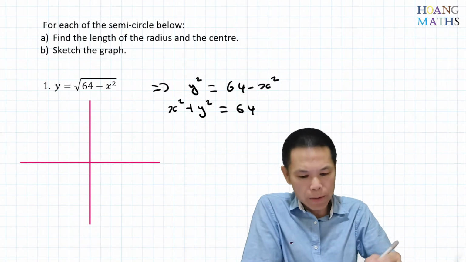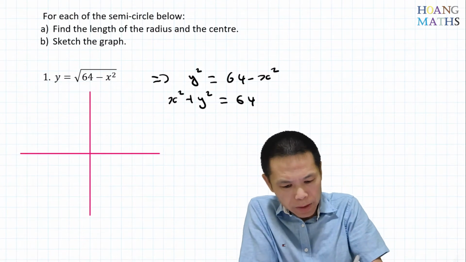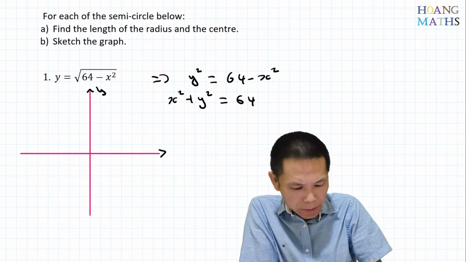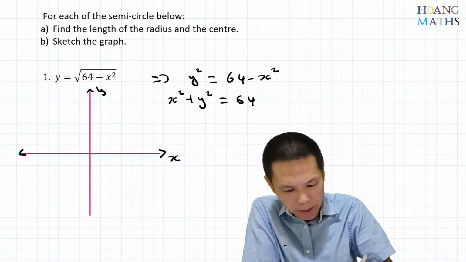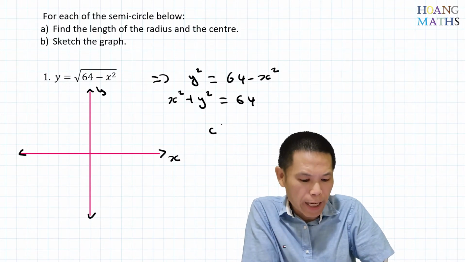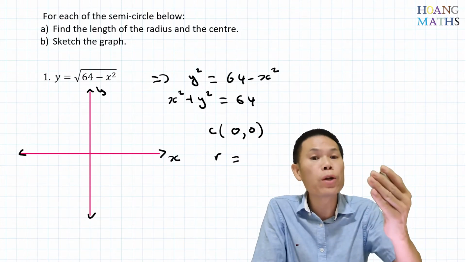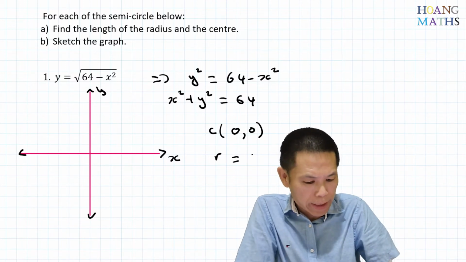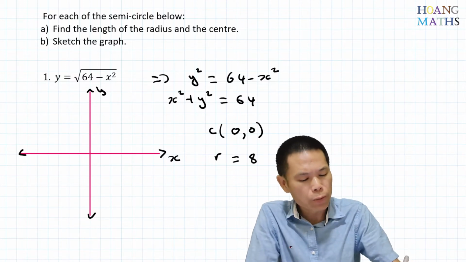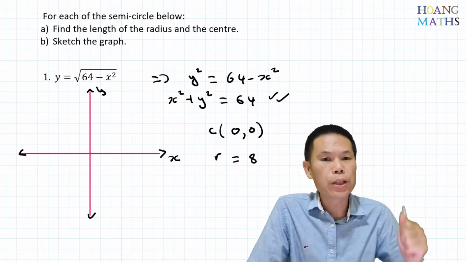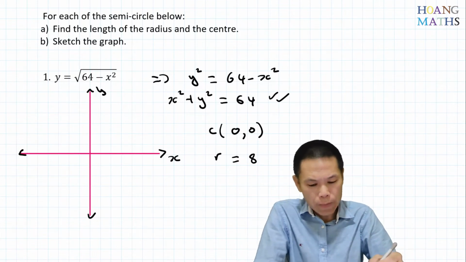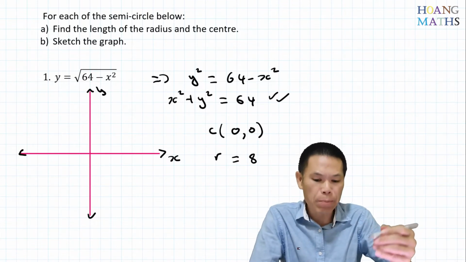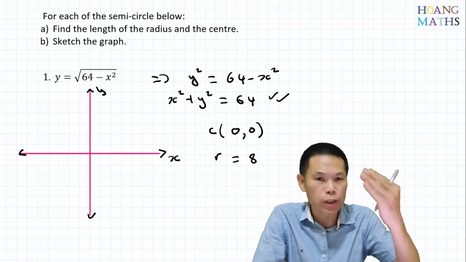Let me just label it. This is y, this is x. We know that the center of this semicircle is 0, 0, and the radius is the square root of 64, which is 8. Otherwise, we recognize it from this equation here, okay? Now I just draw it, and because of the positive square root, it's the top half.